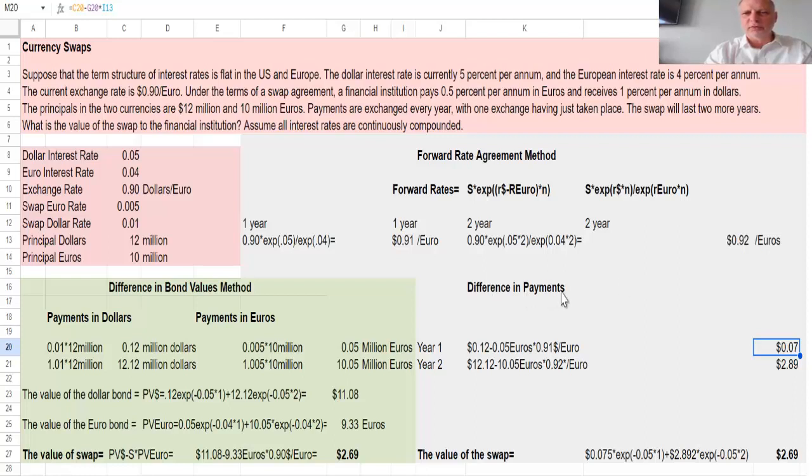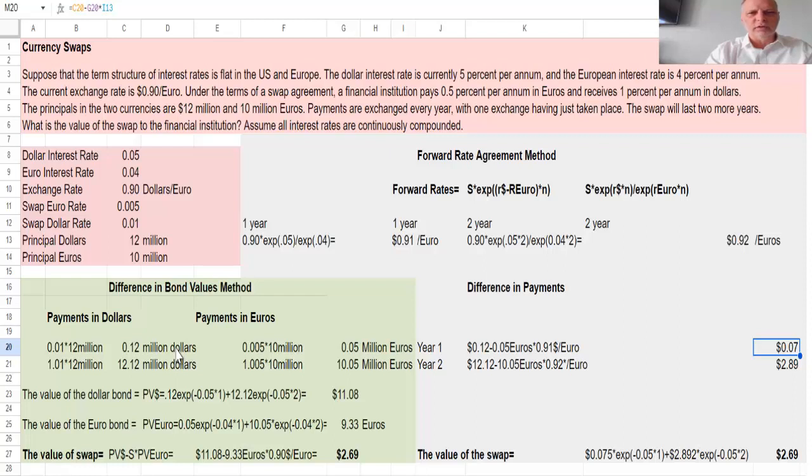So to do the difference in payments method, we will next need to figure out what is the payment 1 year from now and what is the payment 2 years from now. Well, the payment in dollars is going to be 0.01, the swap dollar rate, times the principal in dollars of 12 million. So that's going to give us $0.12 million.